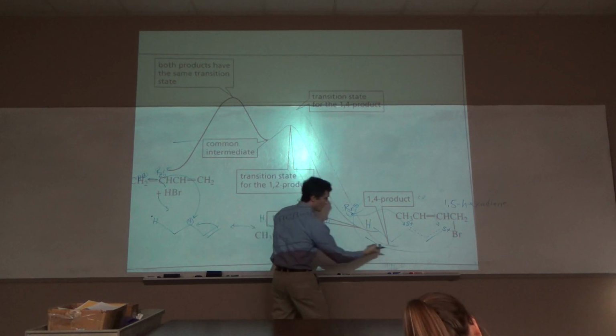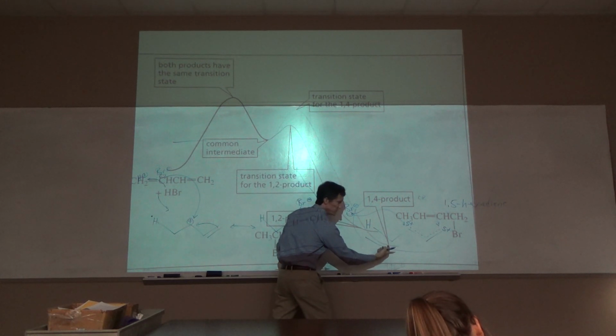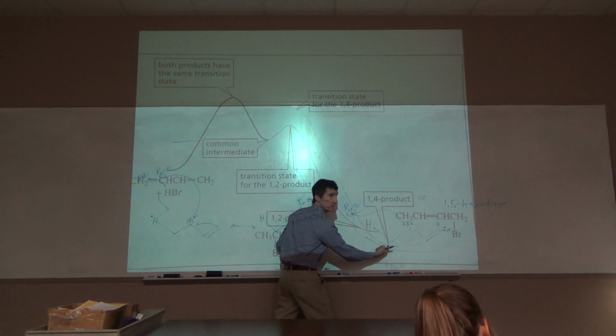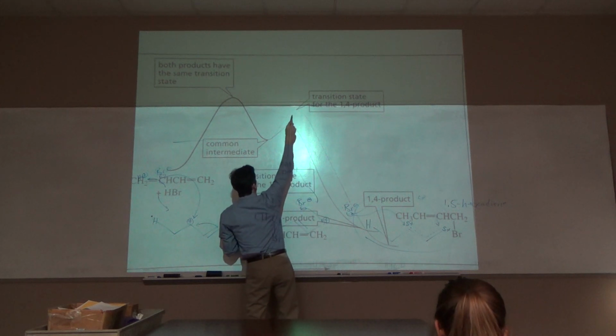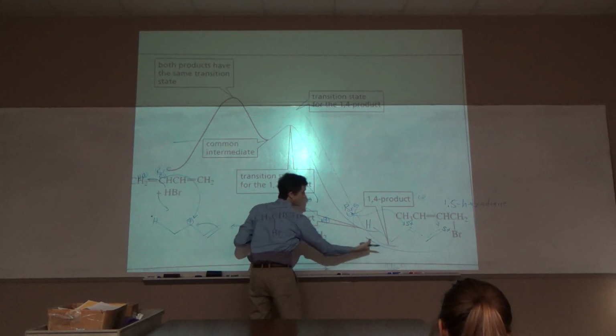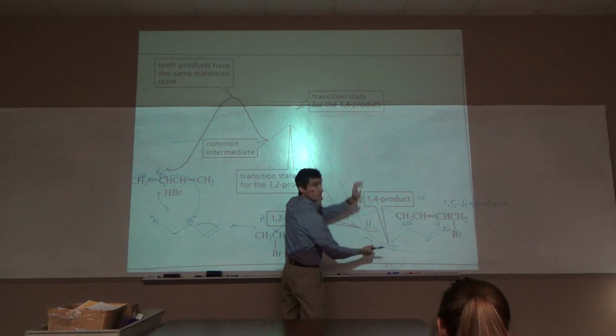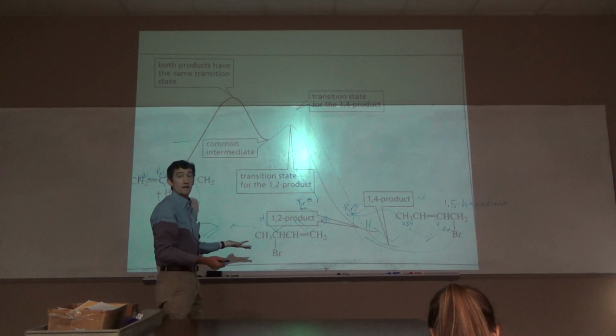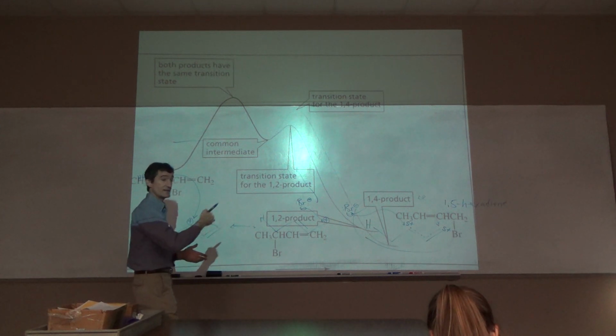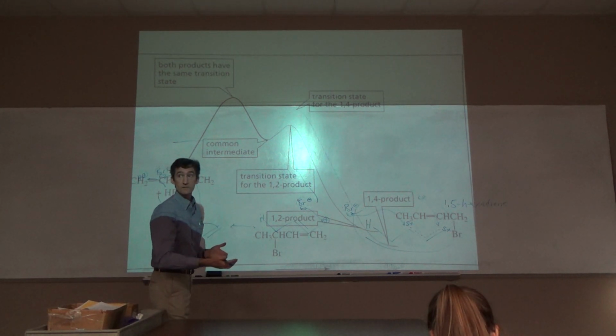Usually we say the more stable product has the lower transition state. Is that the case here? No. If we believe this, the more stable product has the higher transition state. And back then when I showed you this, I told you that was kind of odd. And I said we would see it later. Well, now it's later.